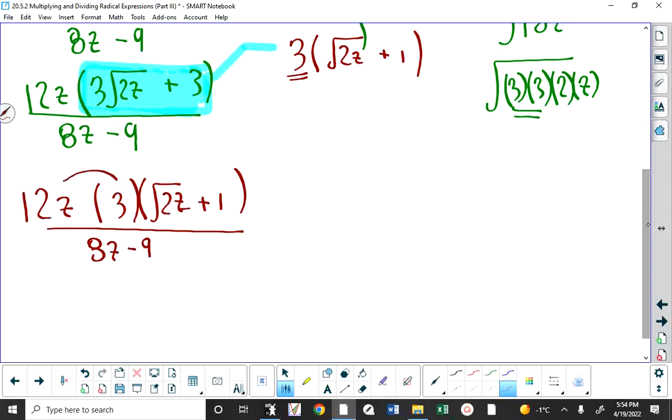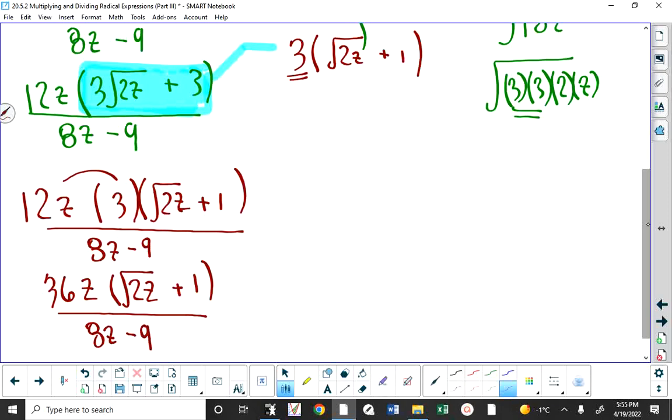All I'm saying is if you want to, we can multiply these together and write 36z times root 2z plus 1 over 8z minus 9. And that is our answer.